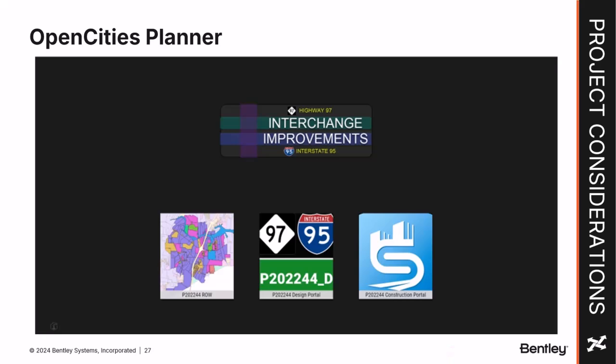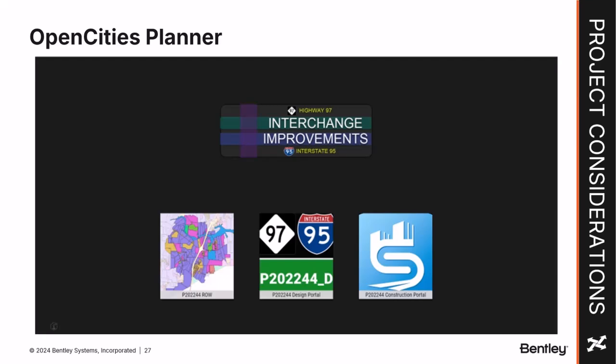So OpenCities Planner, Scott gave you a glimpse. I'm not going to replay the video, just give you a static picture here of what that looked like. We used it to curate an experience for our client in this case. So maybe the owner of the asset wants to have kind of a page of understanding. They can see the plan, the design, and the construction. Of course, the operate and maintain might be separate to this project activity once it becomes an asset.